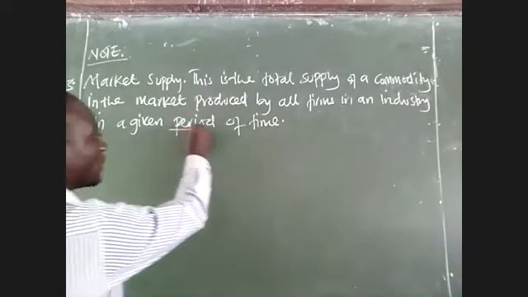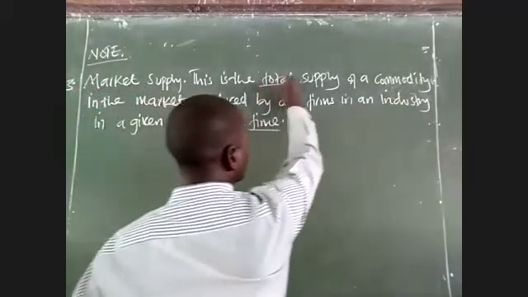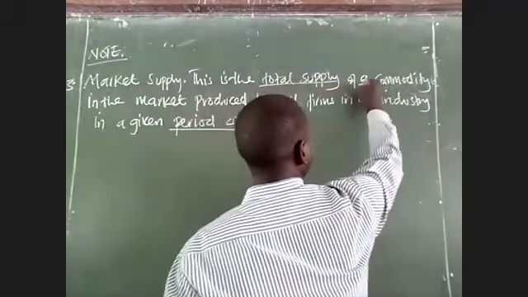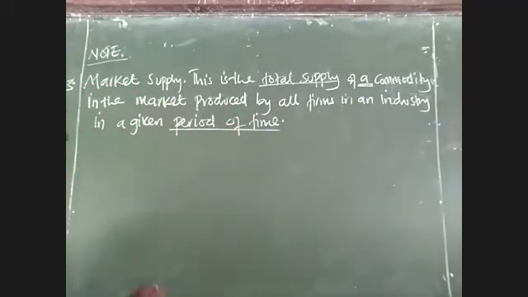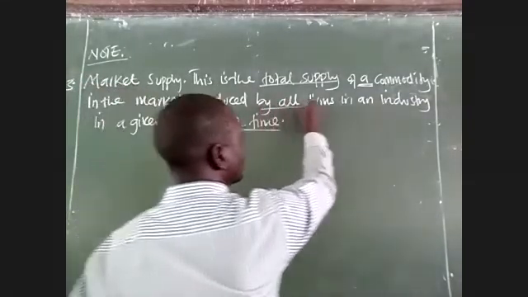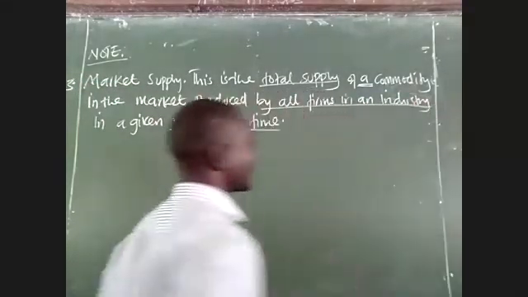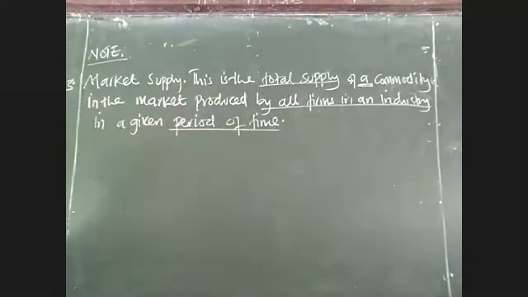Still, period of time is important. Total supply, and I'm emphasizing a commodity, singular. Then, all firms in an industry. So that is the market supply.